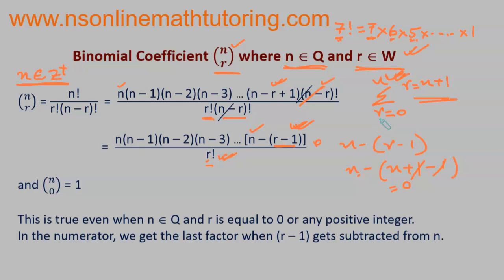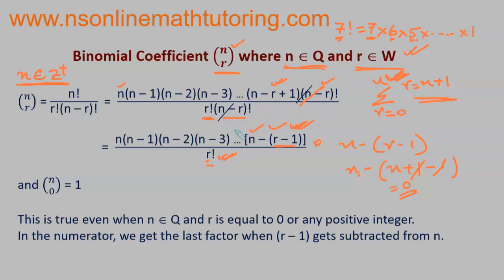Because if we take r as n plus 1, the whole thing will be evaluated to 0, because the last factor will have a value of 0. That is why we stop at r equal to n.